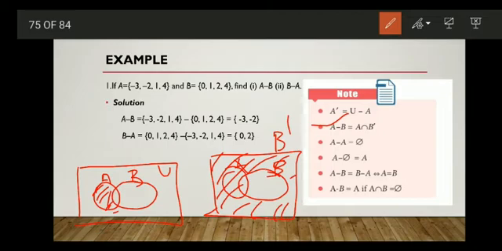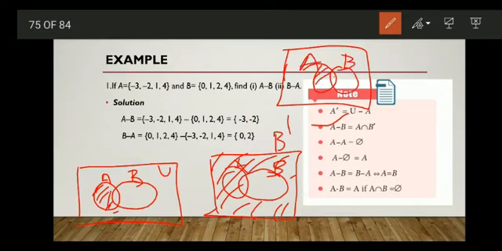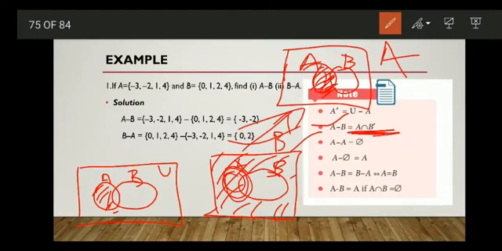Okay. Then A intersection B complement. When you take A, A will be this one. We have to shade portions of A. Right. So this is A, this is B complement. We have to find A intersection B complement. That is common elements among A and B complement.